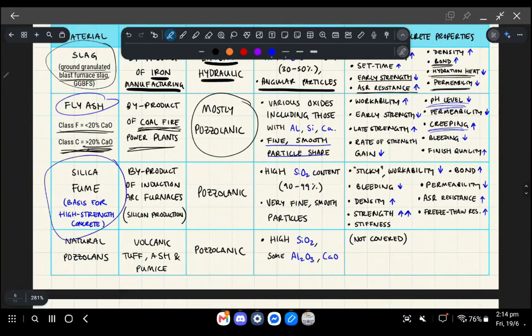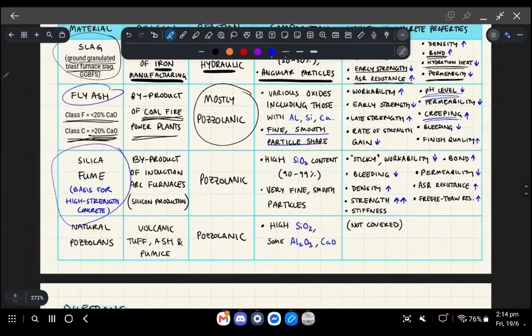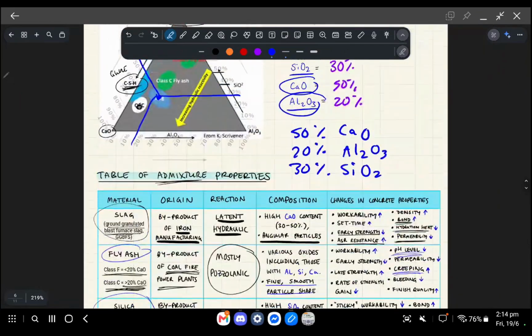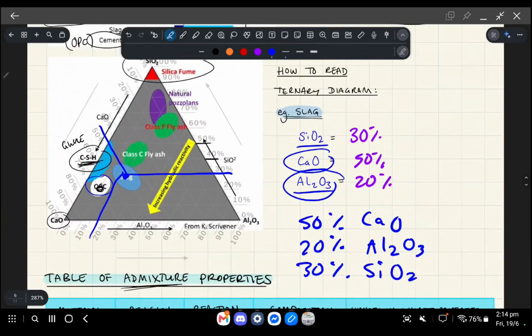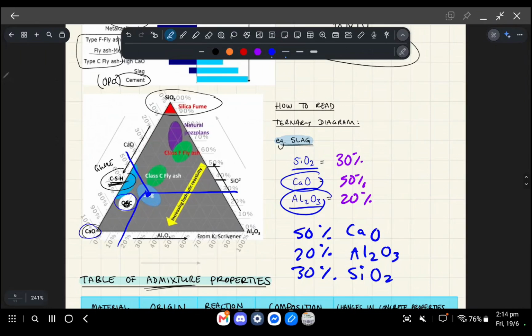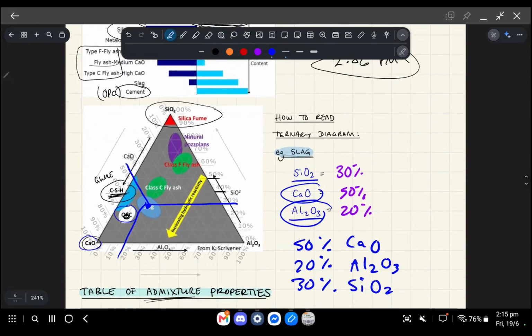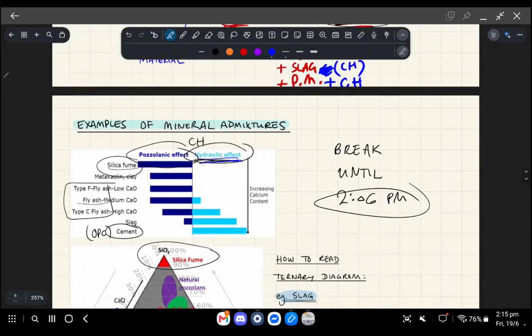Okay, silica fume. This one's the most different from OPC, right? OPC is over here in terms of its calcium oxide composition and the fact that it's a fully hydraulic effect.